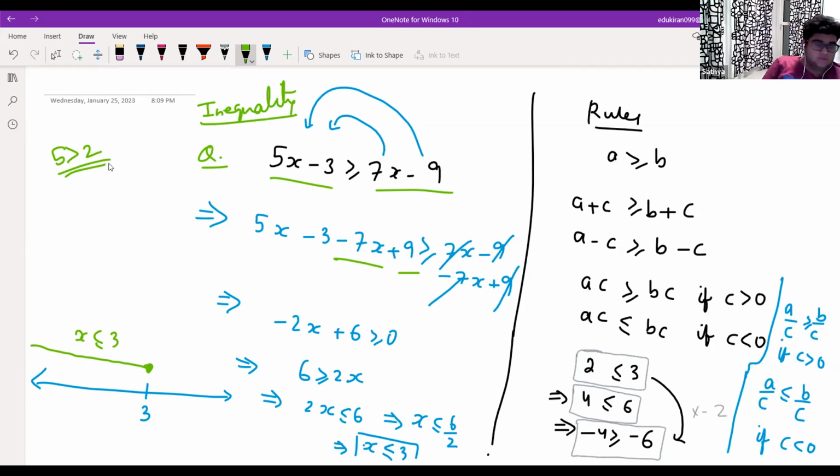So then why are we not just writing equal to? Why is it like greater than? Because it may be equal also or greater also, both possibilities. So is that what inequality is? Yes, yes.